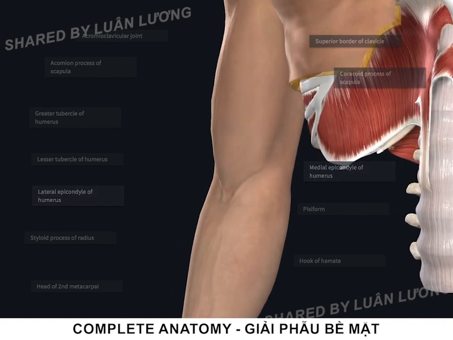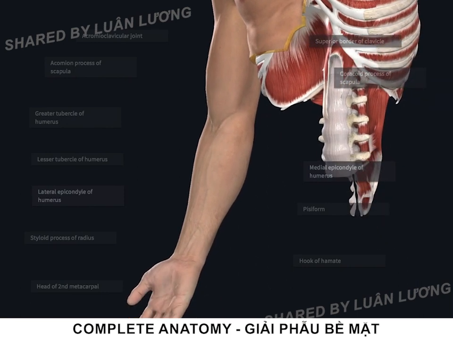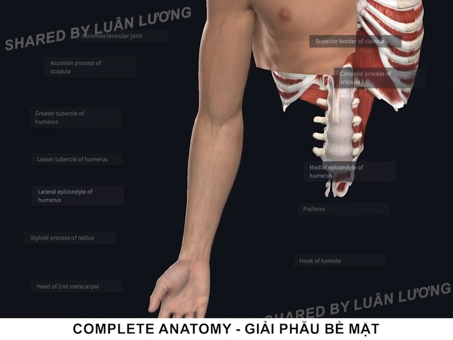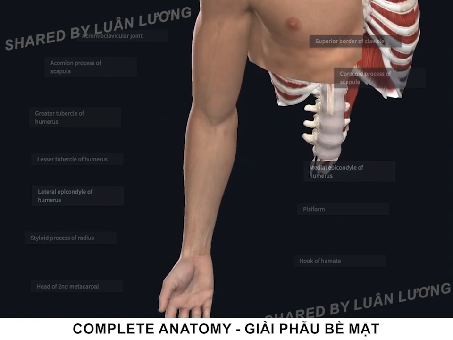Recall that the ulnar nerve passed just posterior to the medial epicondyle, and often if a patient hits the medial aspect, they're going to feel a tingling in their palm related to the funny bone, which is the ulnar nerve. So being able to palpate the medial aspect and see the origin of the forearm flexors and the lateral aspect for the forearm extensors can be quite beneficial for a physician.